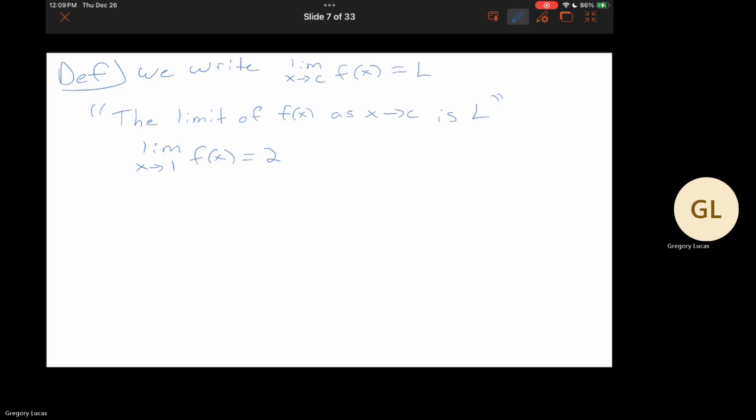So the limit would exist in this case, but the value does not exist in this case. So actually all three of these functions that I'm about to give you have this same limit. So this is a true statement for all of these. So all have the same limit.